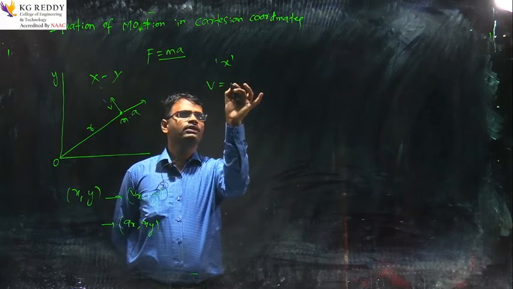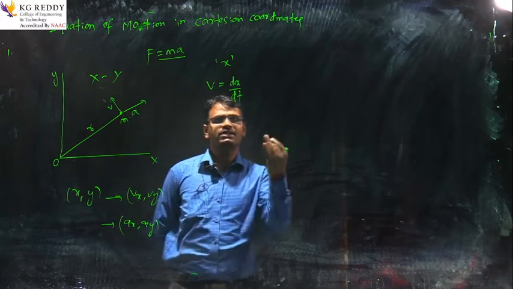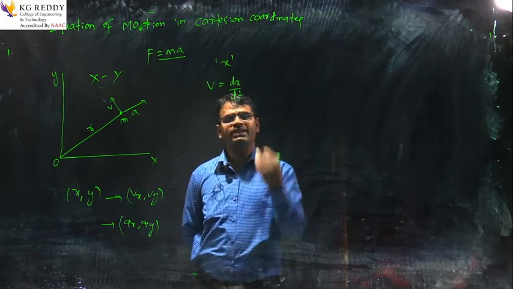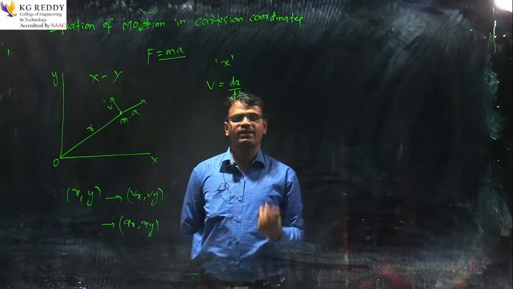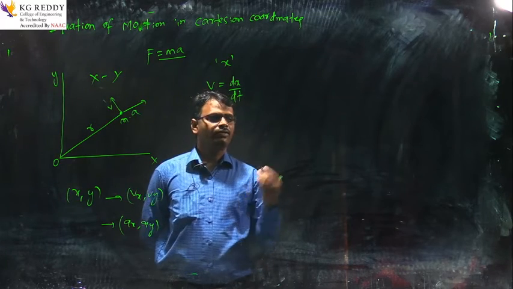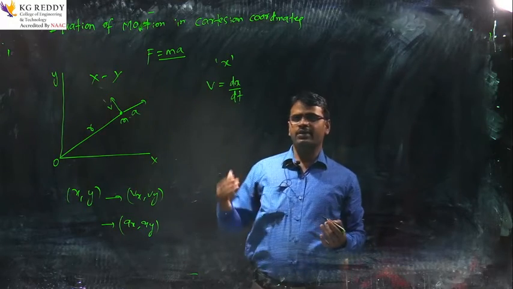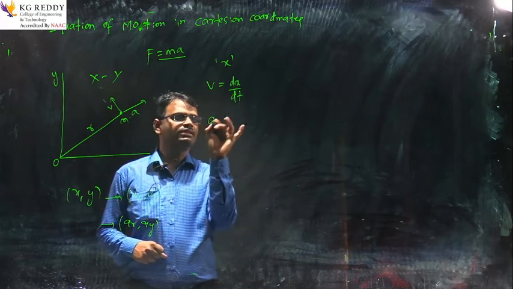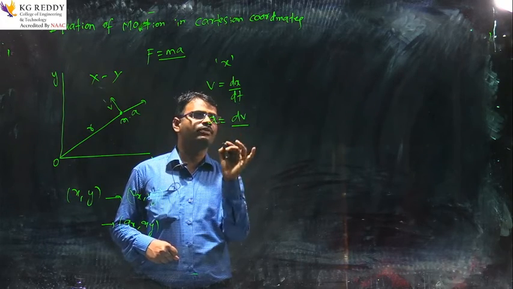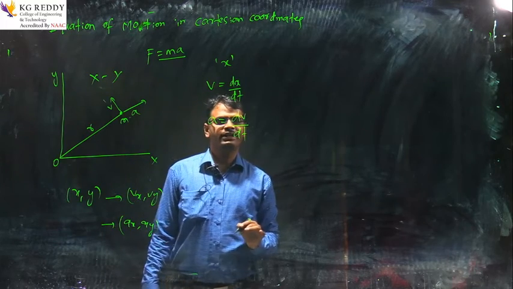Velocity equals dx by dt, the time rate of change of position or displacement. If you know the velocity, how can we calculate acceleration? The time rate of change of velocity is equal to acceleration, dv by dt.